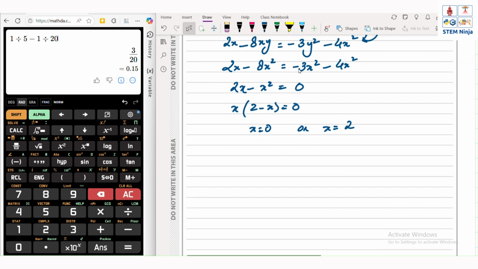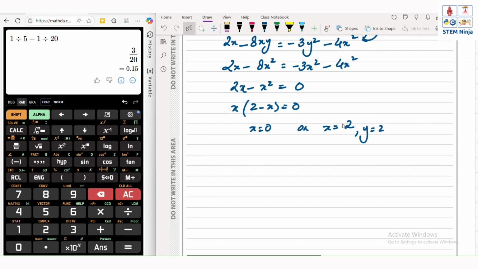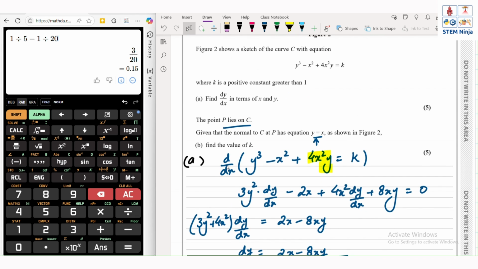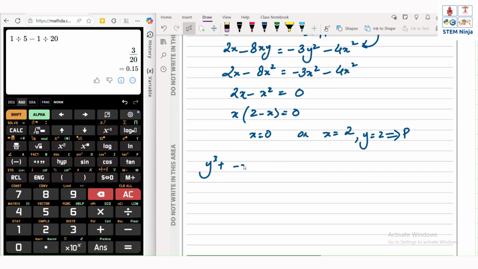So coordinates of P. So y cubed minus x squared plus 4x squared y equals k. So plugging in (2, 2), you get 2 cubed minus 2 squared plus 4 times 2 cubed equals k.